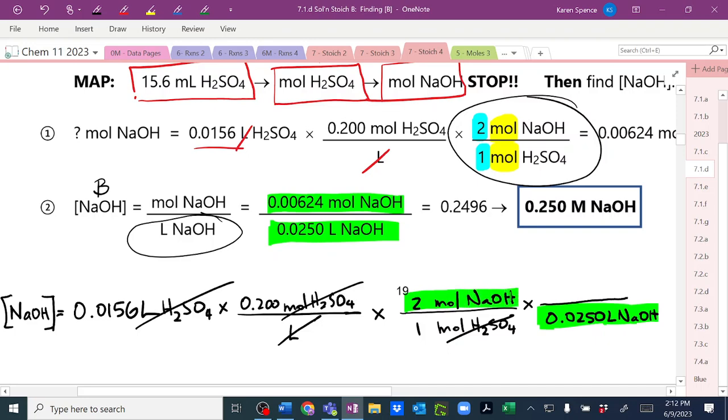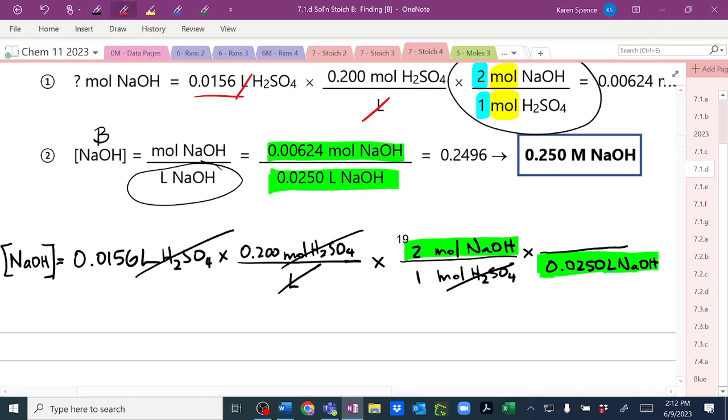So right now, everything has canceled out except for what I wanted. I wanted moles of NaOH over liters of NaOH. I have moles of NaOH over liters of NaOH. So what do I put on the top of that? I just put the number 1. And that makes it a division. Yes?